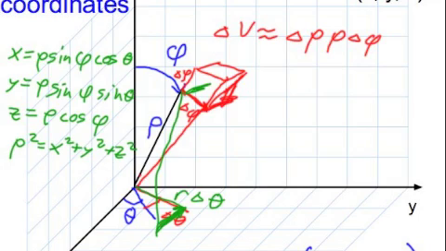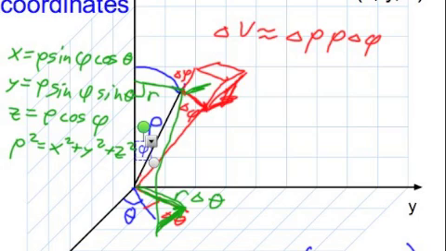But what about the r value? Where does that come in? Well, another way of measuring that distance, the r, is to measure it right above it here. So there's the r value. And what I've drawn in here then is a right triangle, and our angle theta, by the way, is the angle right down here. And so you can see that the sine of phi times rho would be the r value.